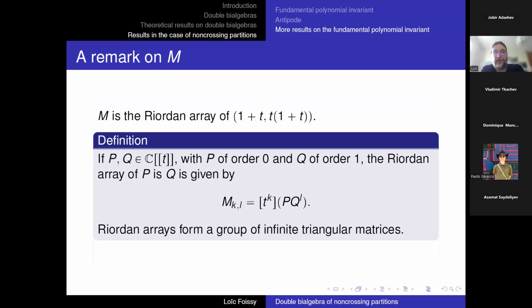You take 2 formal series P and Q. You compute P times Q to the power L, where Q should be of order 1 without any constant term, and take the coefficient of t to the k. This gives you a group of infinite triangular matrices, which is related both to the product of formal series and to the composition of formal series. In fact, this is a sort of cross product of these 2 structures. And what you obtain is something in this group for this very simple formal series.